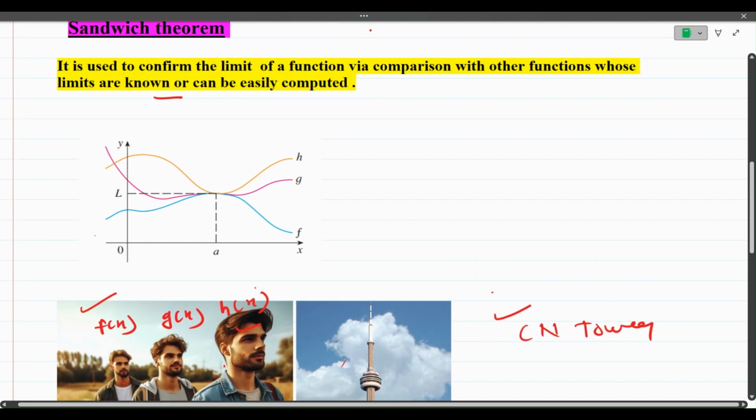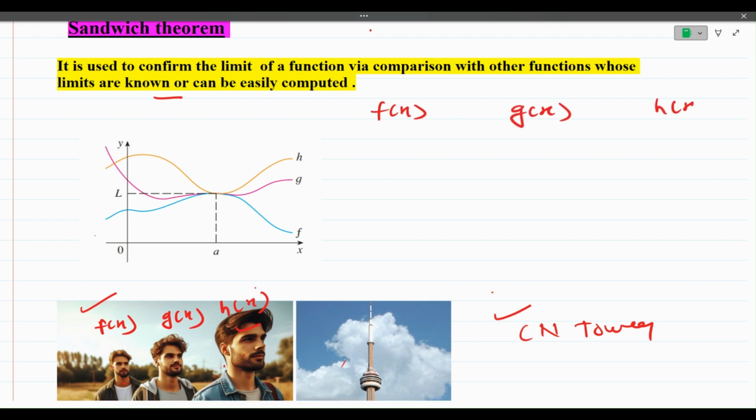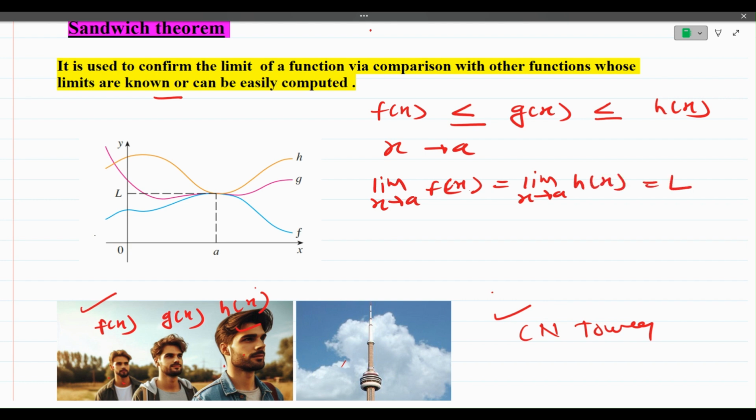Similarly, we have three functions here: f of x, g of x, and h of x, for all x in the common domain and near a. f of x is smaller than or equal to g of x, and g of x is smaller than or equal to h of x, where x approaches a and is not exactly a, such that the limit as x tends to a of f of x is equal to the limit as x tends to a of h of x is equal to L, where L is some value.